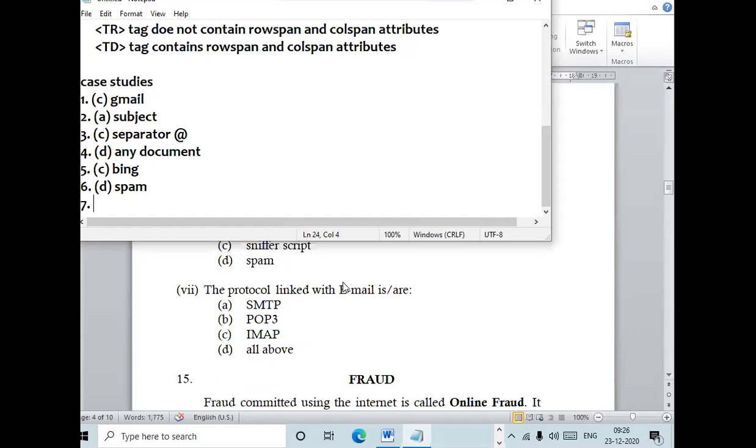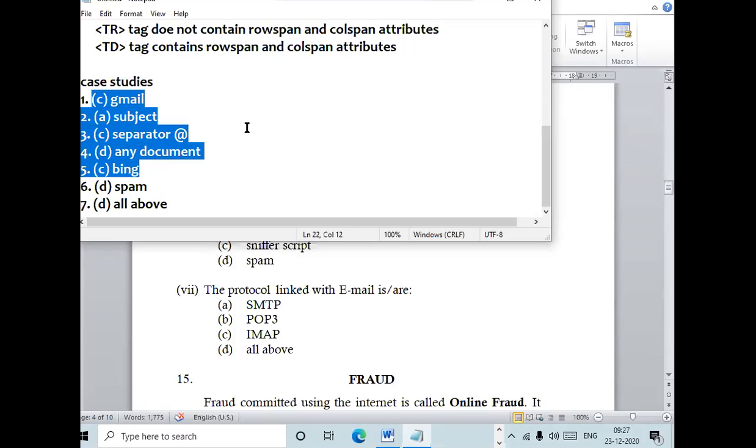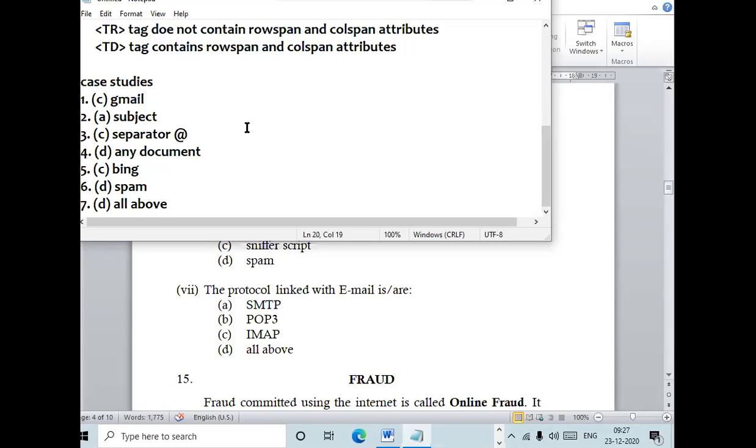This protocol is also linked with email. These are the three protocols which are all together linked with email. So the answer to this MCQ is all above. Now, out of these 7 MCQs, you were to attempt any 5. Don't attempt all these 7 MCQs.